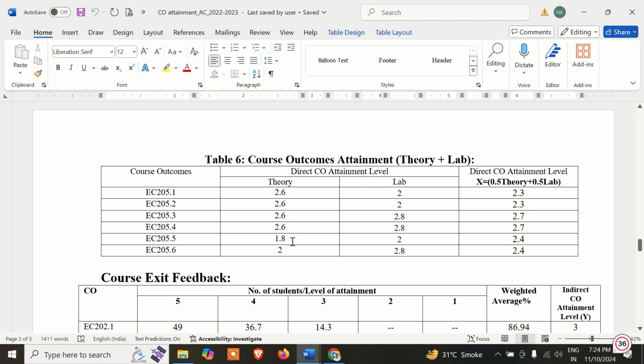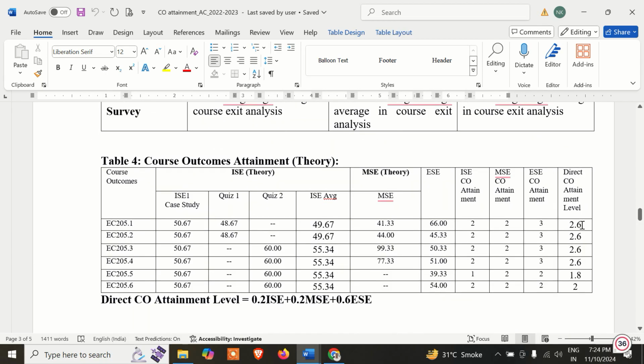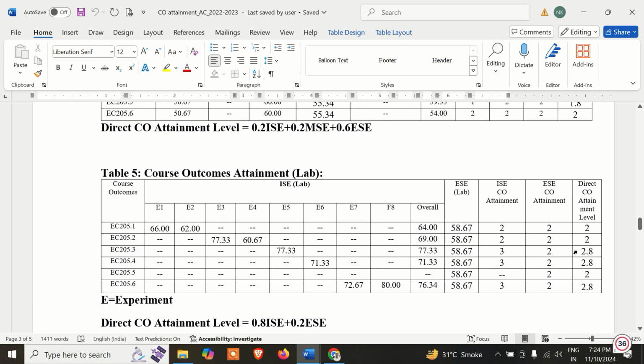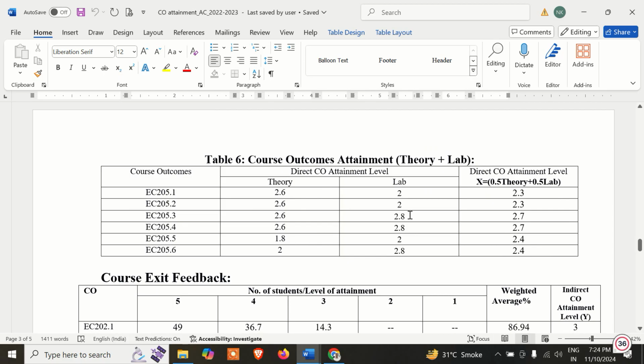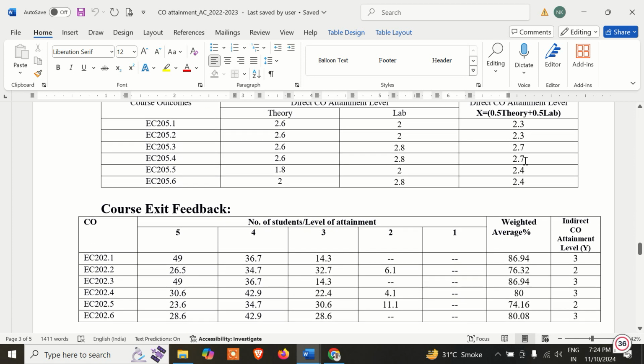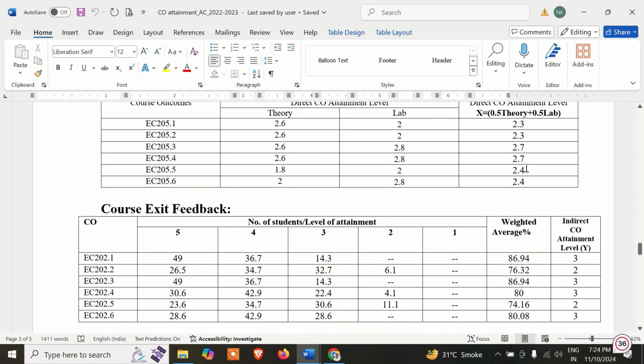So my theory direct attainments and my laboratory direct CO attainments together, I am giving a weightage of 50% to my theory, 50% to my laboratory, and this is called X. So direct CO attainment X is 50% of theory, 50% of the laboratory. So that is all 6 of my CO attainments in theory and laboratory together for the direct CO attainment.